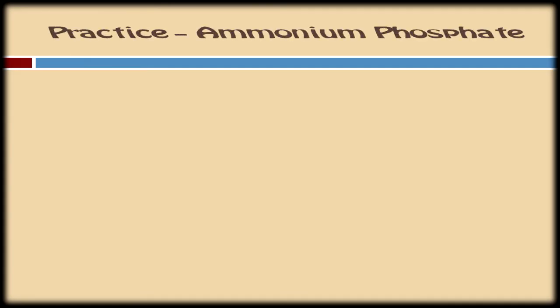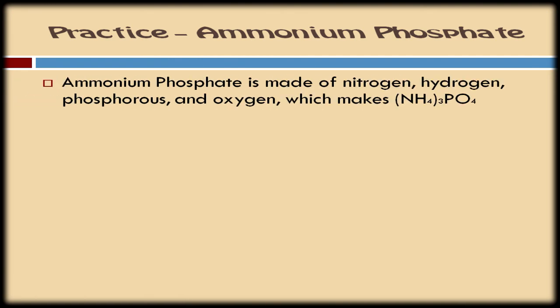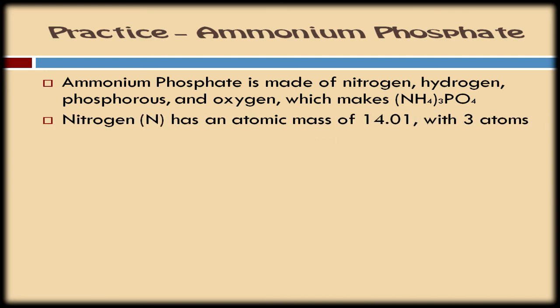Now, last one, let's do something that's quite hard. Let's practice ammonium phosphate. Ammonium phosphate is made of nitrogen, hydrogen, phosphorus, and oxygen, which makes (NH4)3PO4. Now, nitrogen has an atomic mass of 14.01, and it has 3 atoms.